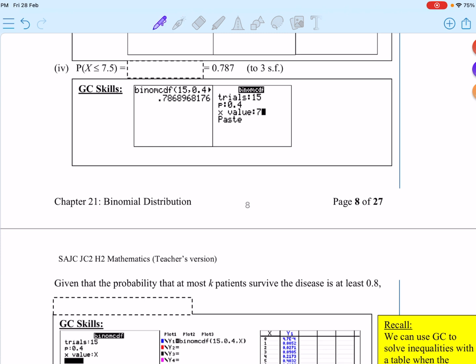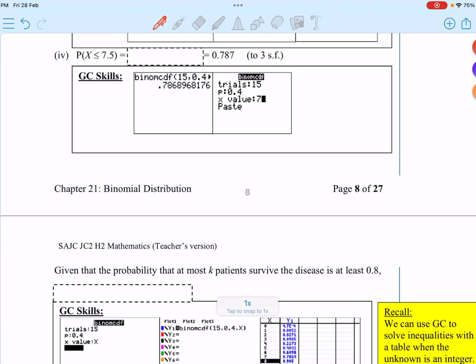Okay, so we write this as an equivalent statement: probability x less than or equal to 7. Then we key in the necessary fields into the GC to find the answer, which is 0.7868, and we write the answer down as 3 SF.